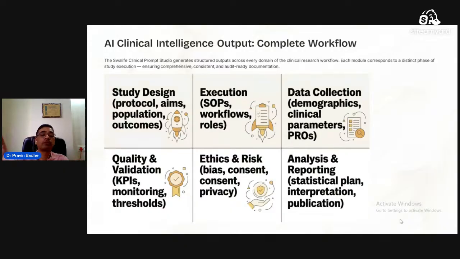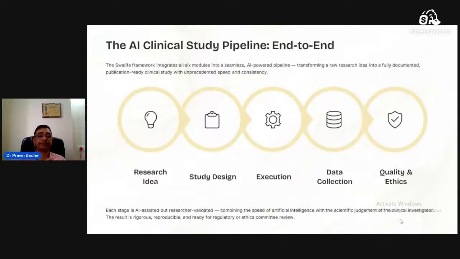Then SOPs will be generated to execute the protocol, how to collect the data, demographic areas and other parameters. Then quality and validation information will be there, with ethical and risk, and the type of analysis and report you should prepare for the complete clinical research protocol which you will be completing at the end after collecting the data.